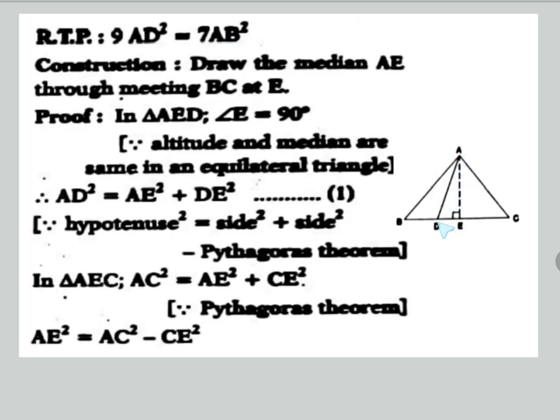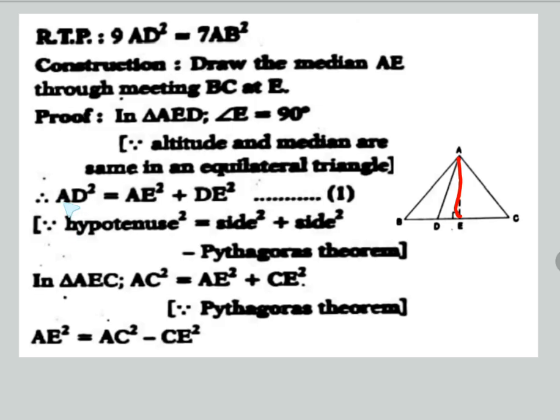Construction. Draw the median, that is AE, meeting BC at E. And for that, in AED it is a right angle triangle and at E is 90 degrees. Altitude and median are the same in the equilateral triangle. So we know that E is the midpoint of BC.